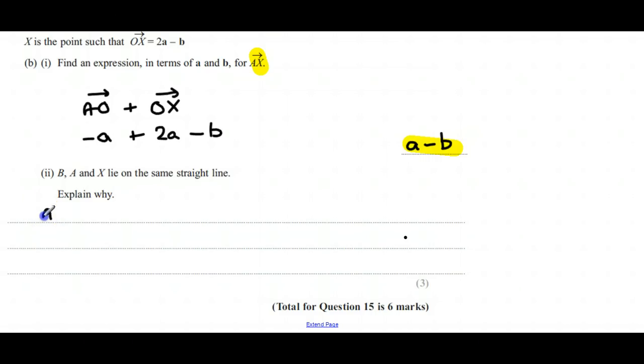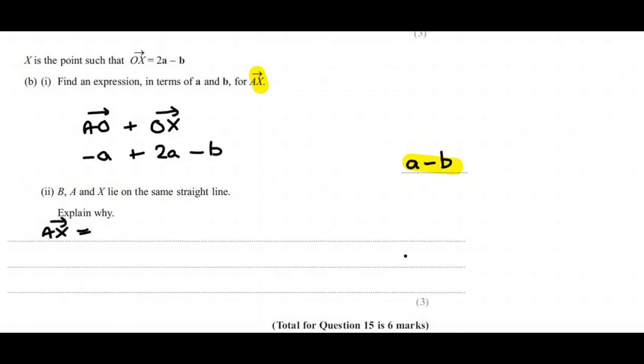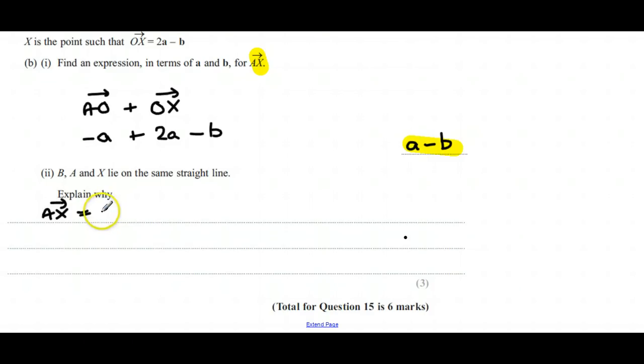So AX is equal to BA, which means that AX and BA are, and have a think about what you think I'm about to write, because that will be more useful for your development if you are thinking about it as we go.